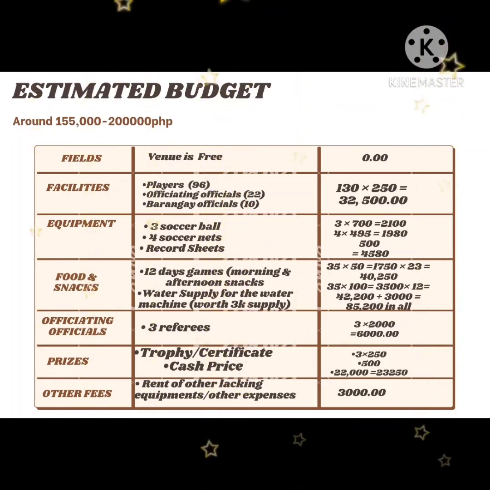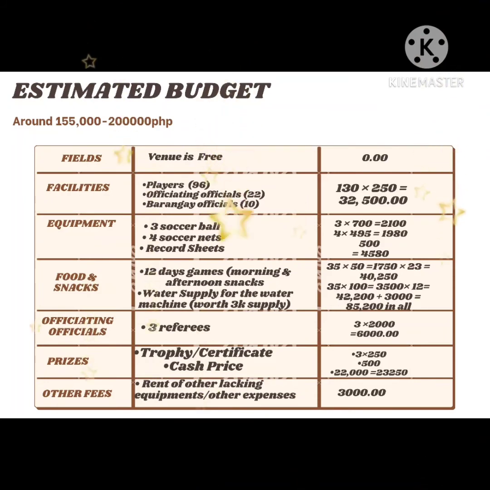Then the 30 pesos is ang pamaril sa soft drinks or sa liquid. So in total of 50 pesos. So 35 times 50 equals 1,750 times 23, in total of 40,250. Then next is the water supply, which is 3K.